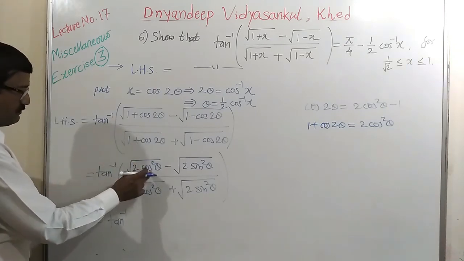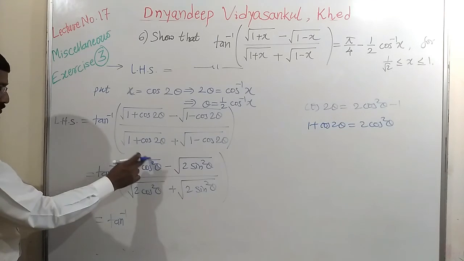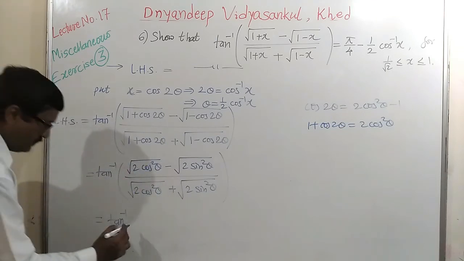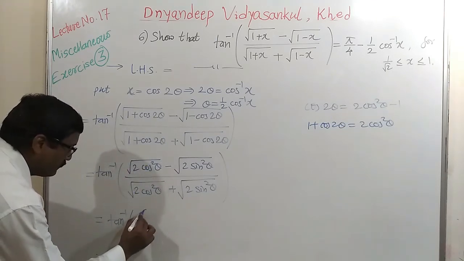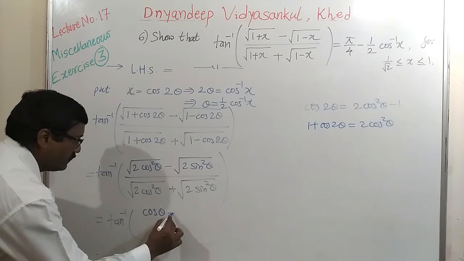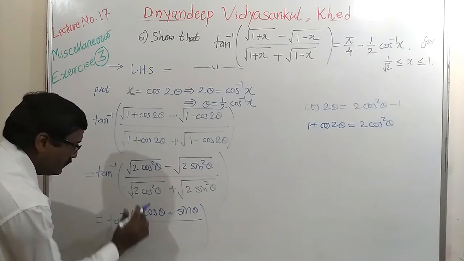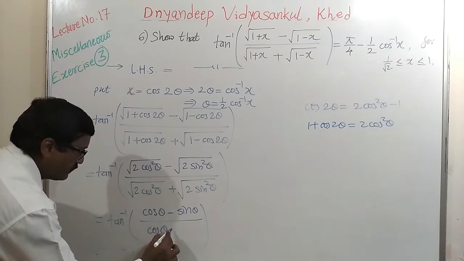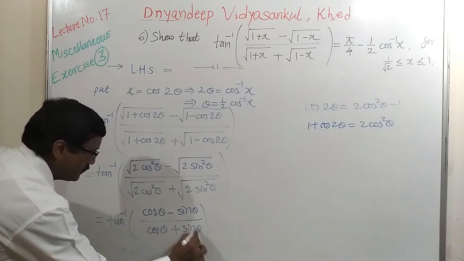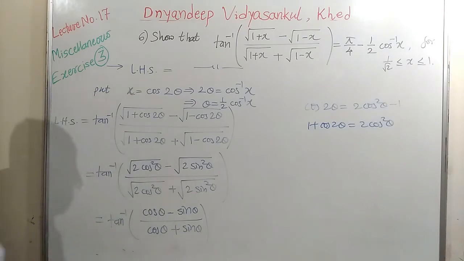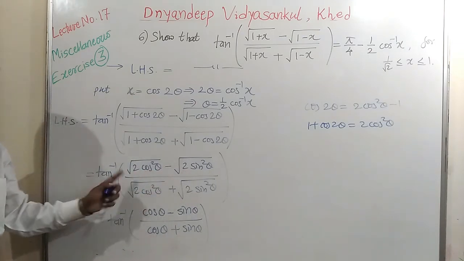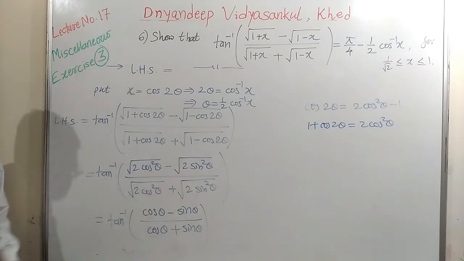Again, here cos square is in root, so the root and square get cancelled, remains only cos theta. So tan inverse of cos theta minus sin theta upon cos theta plus sin theta, taking root 2 common and cancelling numerator and denominator.